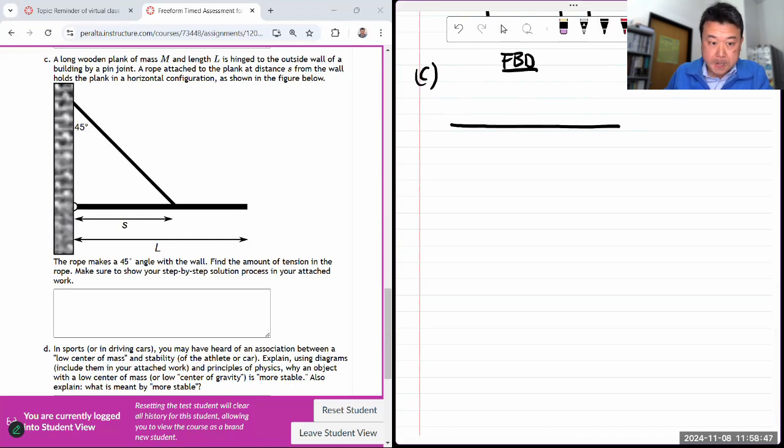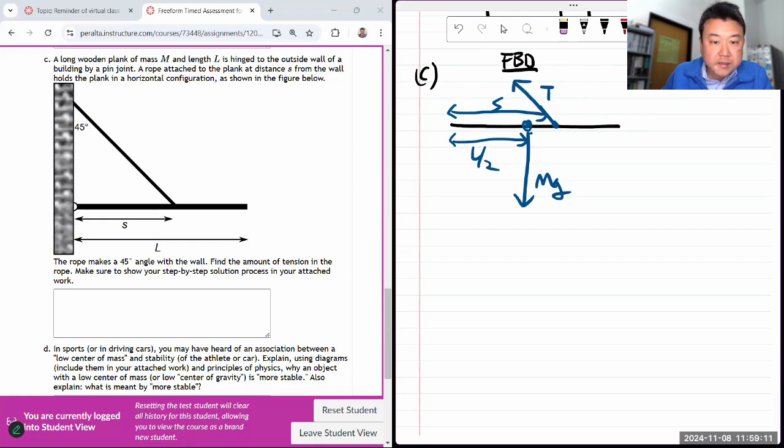There's going to be some distance L over 2. That's where the weight of the plank is acting, basically. There's gravity mg at this distance, and there's some distance s, at which there's a tension force T acting at this angle, 45 degrees. And I think that's all the forces that I need to care about.